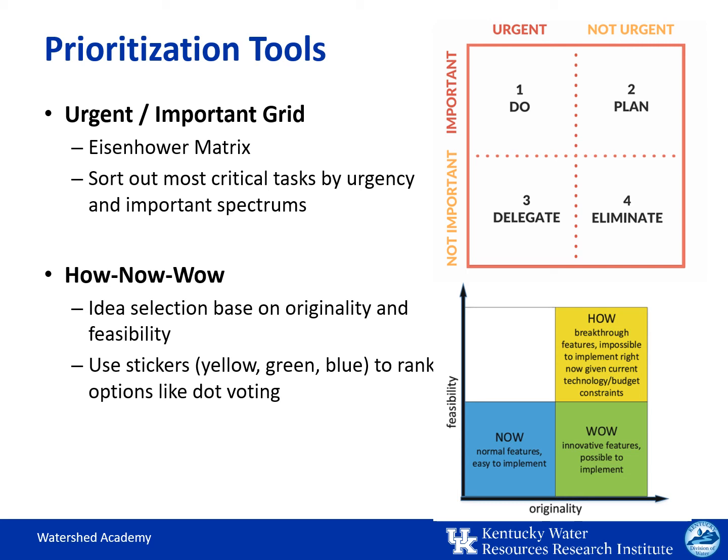So you can see importance is on the vertical axis here, and urgency is on the horizontal axis. So items that are the most critical are going to be that number one box. Those are the ones that you do. They're very important and they're very urgent. Those that are important but not urgent would be in the planning box, and this is where you would schedule long-term planning to make sure that you address those.